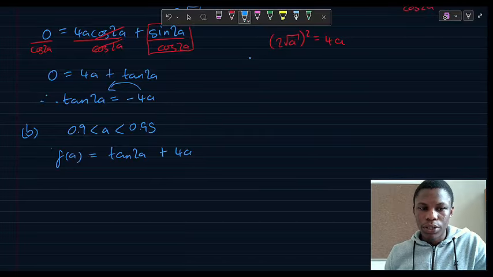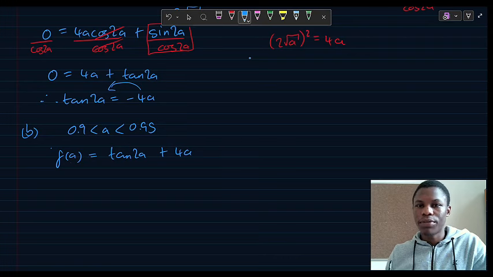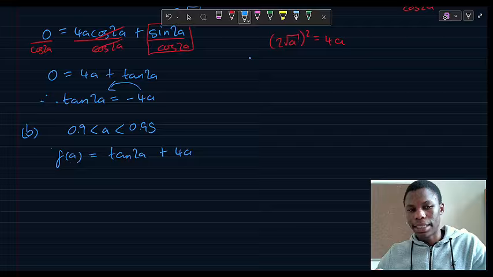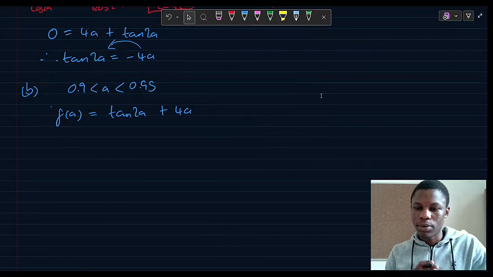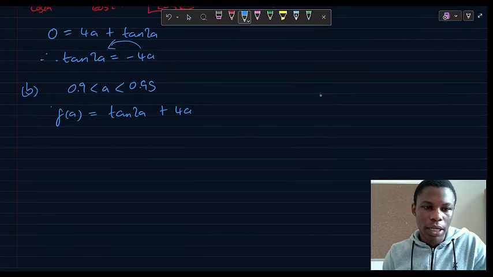And we're going to substitute a with 0.9 and a with 0.95. And we're looking to get a change in sign, because if we have a change in sign, then that means a root must lie between 0.9 and 0.95.